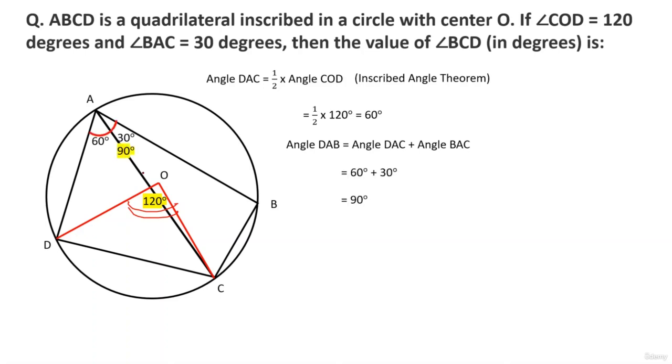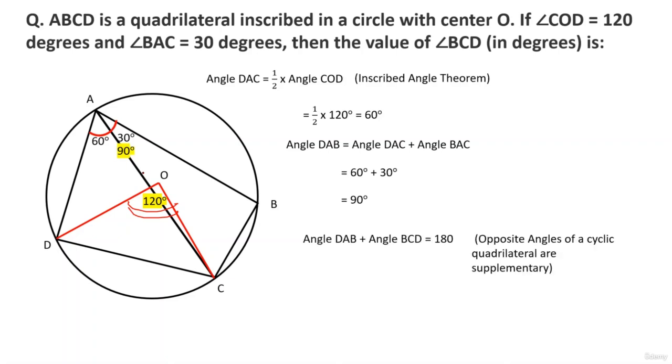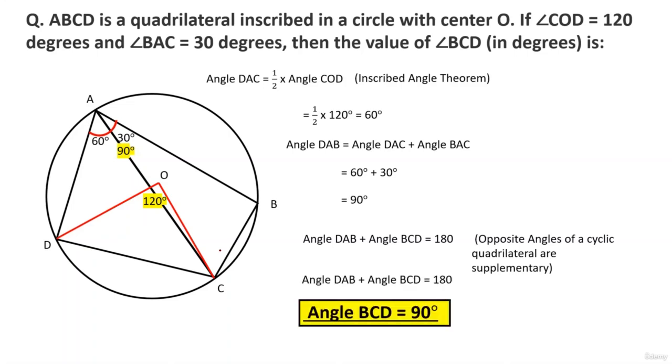We observed that opposite angles of a cyclic quadrilateral are supplementary. So the sum of angle DAB and angle BCD is 180 degrees. DAB we have taken as 90, so angle BCD will be 180 minus 90, which is 90 degrees.